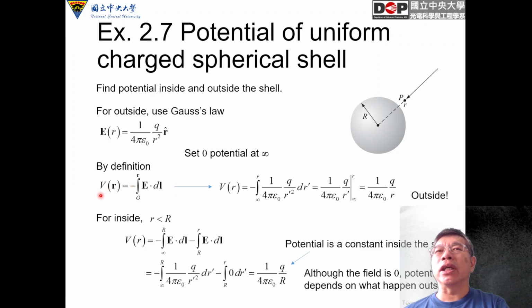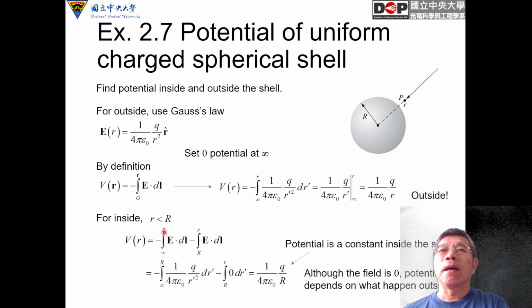The potential is just taking the integration from infinitely far, which is zero, to that particular point r. So we can easily calculate it. Here is the potential at this point of interest P, which has a distance small r from the center of the sphere or shell.